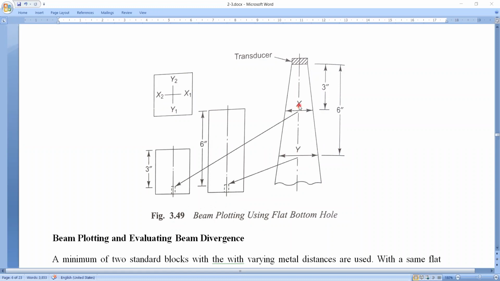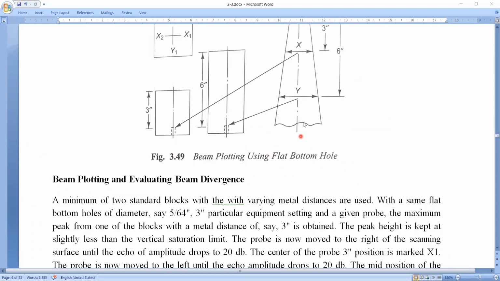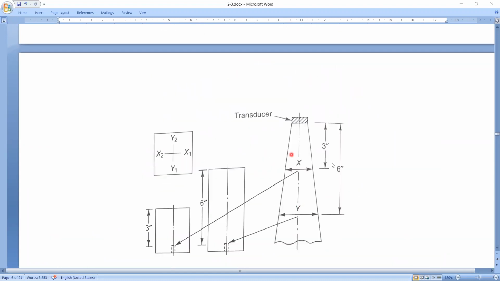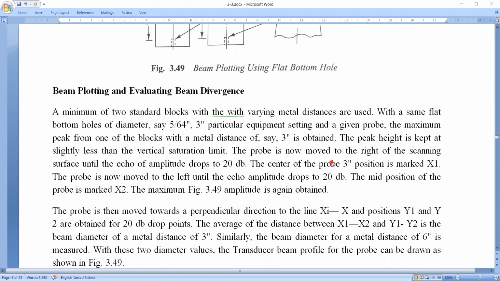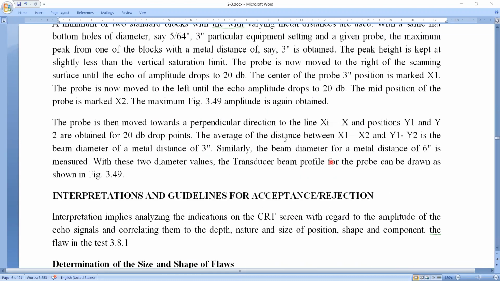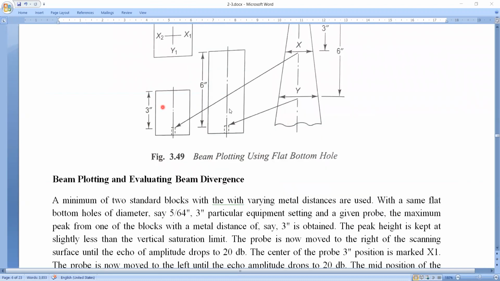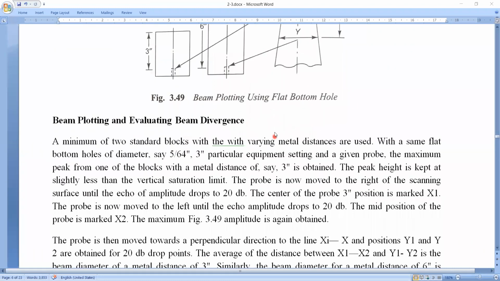How much divergence we have, we can find by averaging X and Y. This is the way to find the divergence of the wave. For measuring the divergence, we need two blocks, and by comparing them, we can find the divergence of the sound wave.